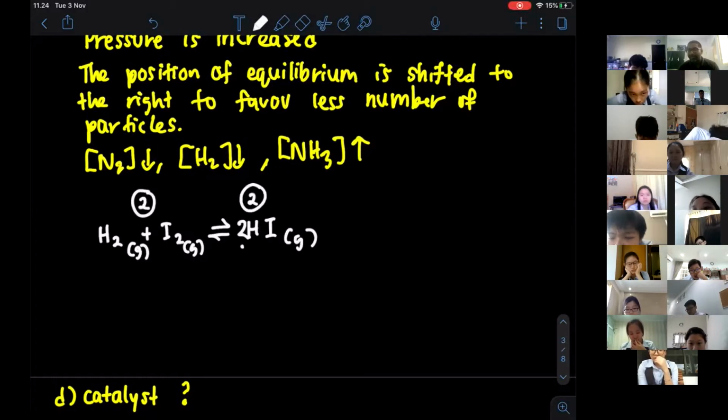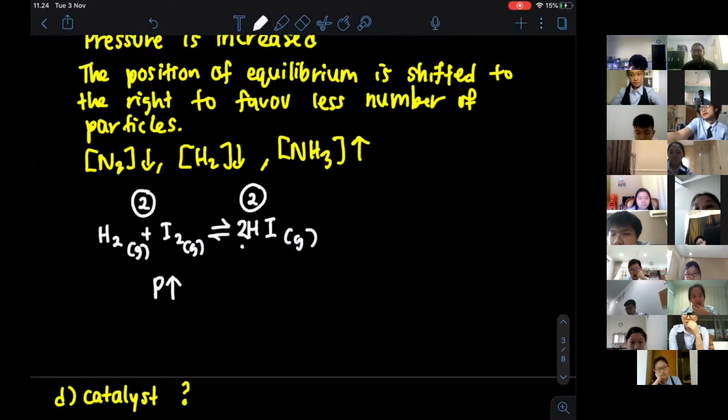I just want to ask you a simple question. When the pressure is increased, Lindsay, do you think the position of the equilibrium will change? It will not shift, right? Because the number of moles are the same, so pressure does not have any effect in this case.